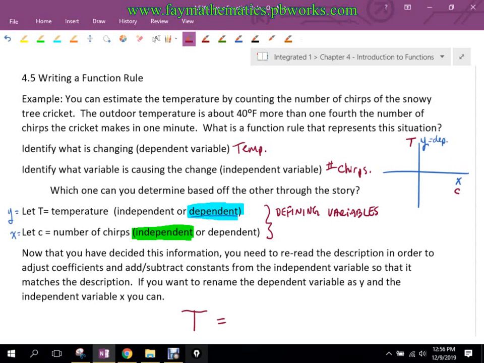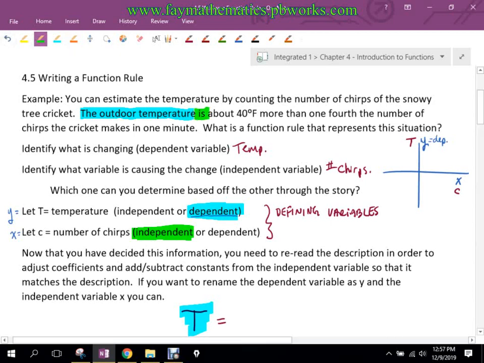Okay? So T is equal to, so now if I look at this situation, it says the outdoor temperature. And this question's very nicely worded. The outdoor temperature. Would you agree that that is T? What does the word "is" mean to us algebraically? Equals.